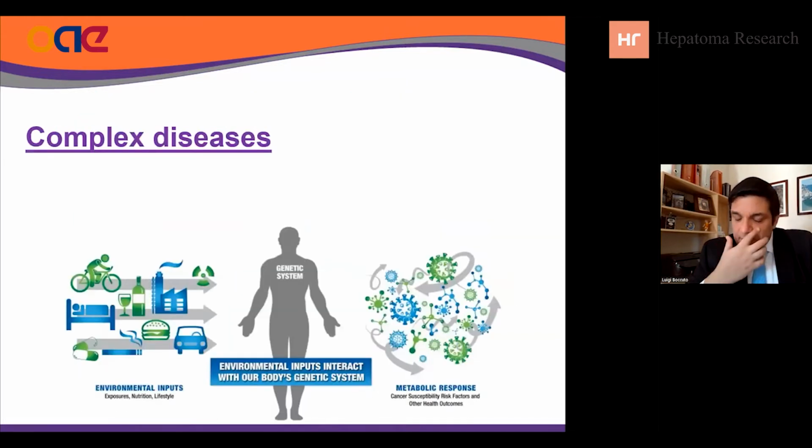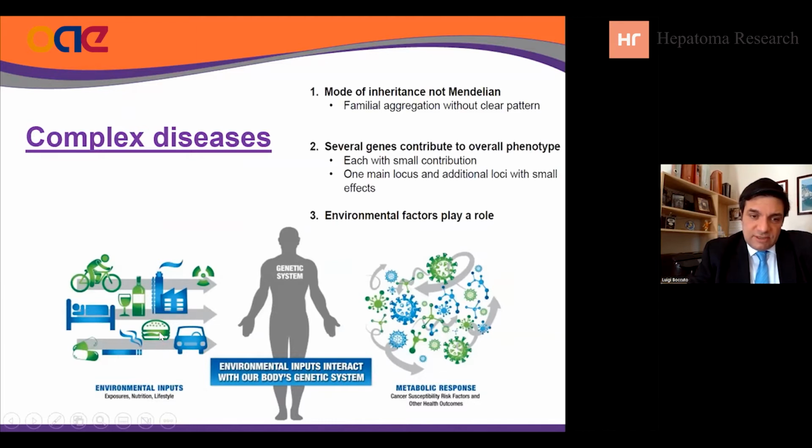And since we're talking about a complex disorder, it's good to take a step back before we approach the genetic factors involved in these complex disorders. The definition of a complex disease is the interaction of environmental inputs and the metabolic response based on the molecular and genetic predisposition of each individual. The characteristic of these disorders in terms of pathology is that they do not have a Mendelian mode of inheritance.